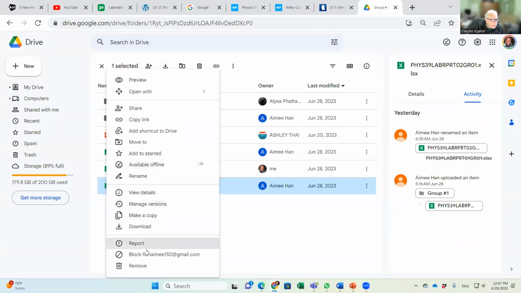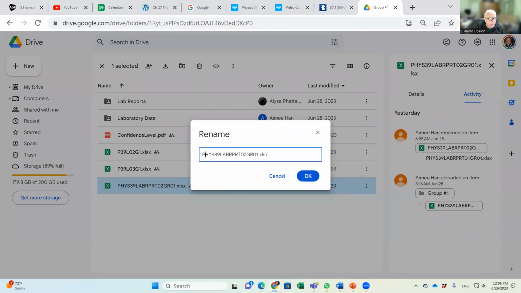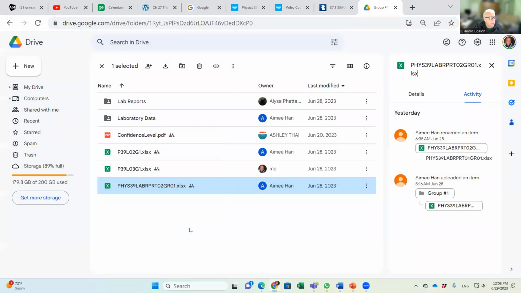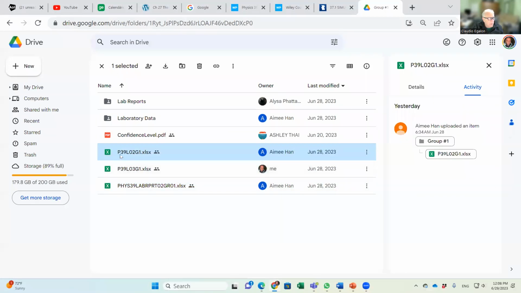So rename it just like you had before. P39, L1, that's 02. Yeah, that's 02. Let's leave it this way, and just leave it in this format here. Okay, looks like I made it.